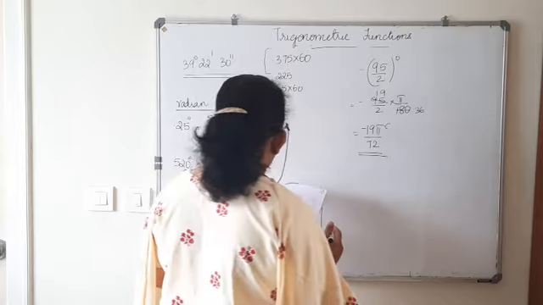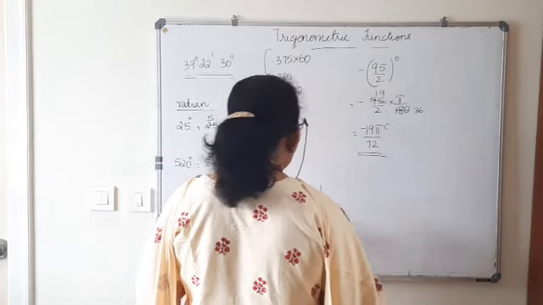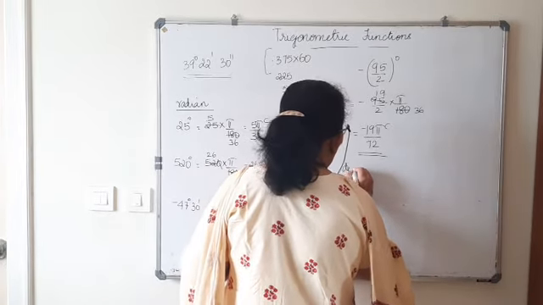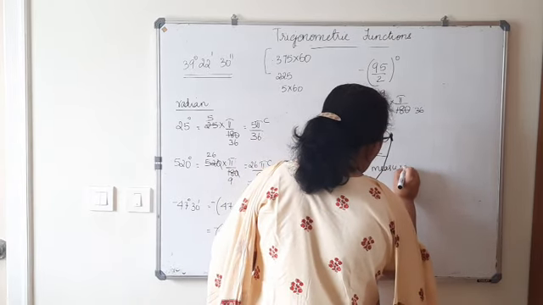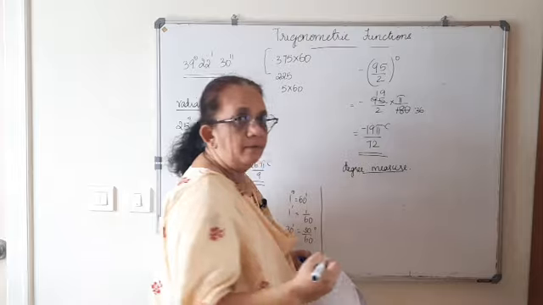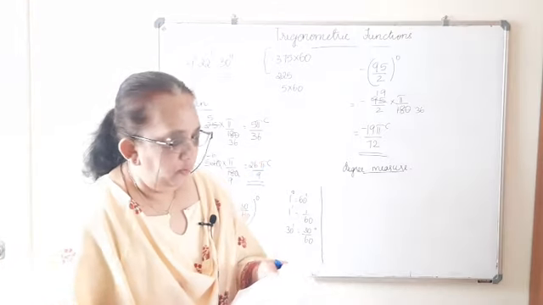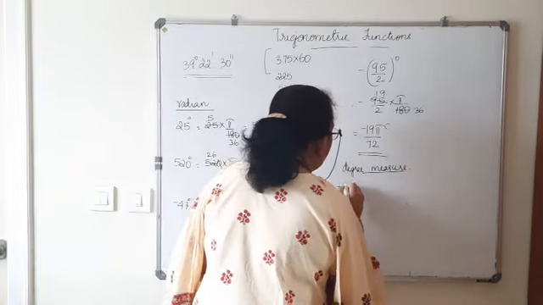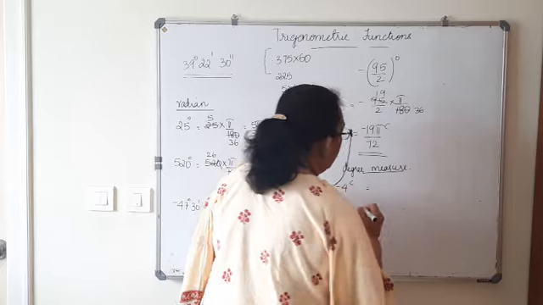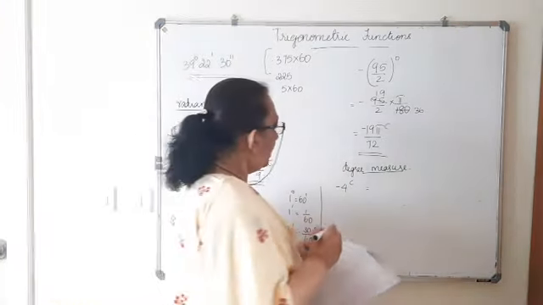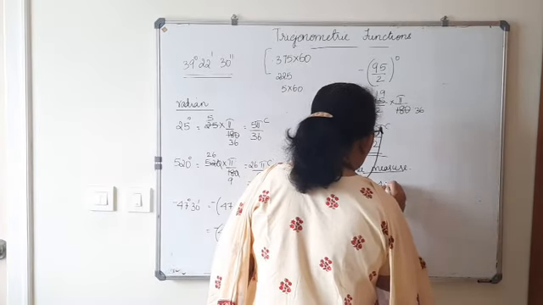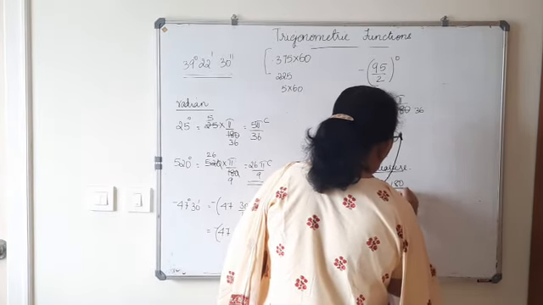Now, next one, convert it into degree measure. Minus 4 radians is equal to minus 4 into 180 by pi.